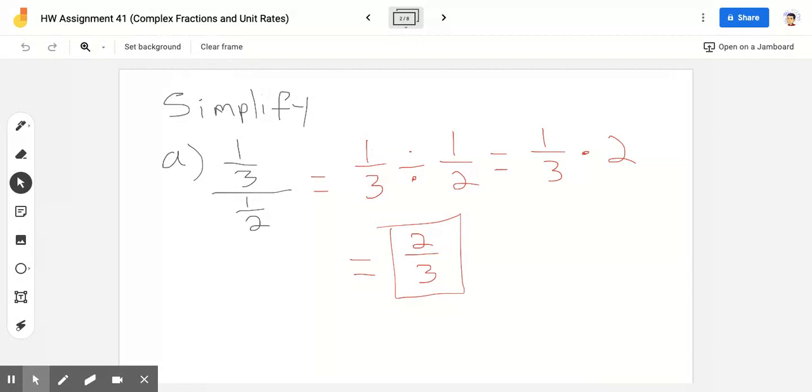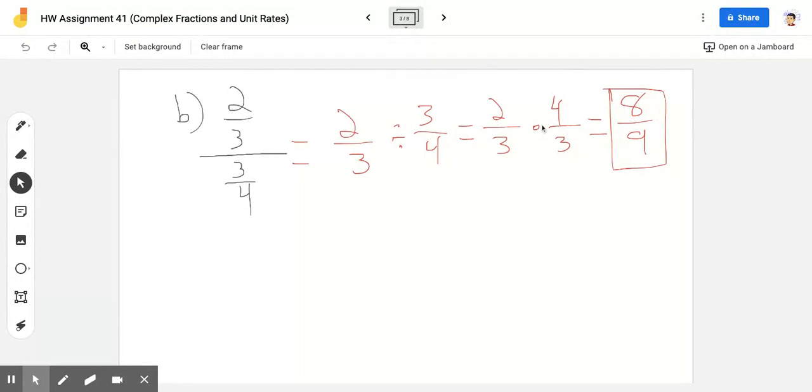2/3 divided by 3/4. Another way we could write it is 2/3 times 4/3, which is going to be equal to 8/9.